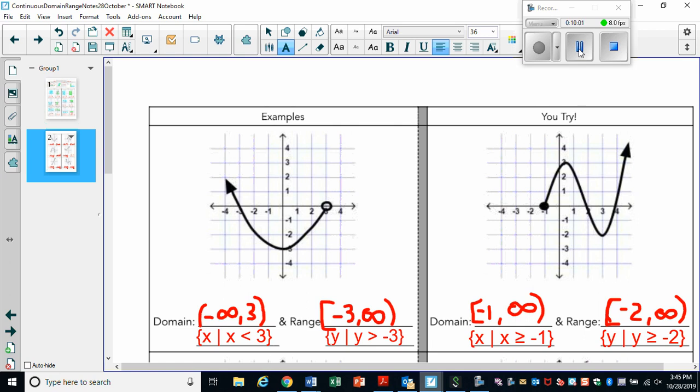Okay, so now we're on the next page, and we have our domain and range.